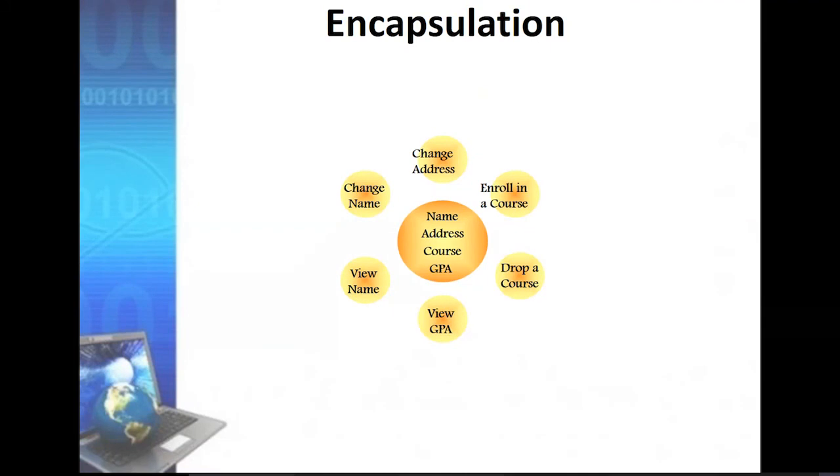So ito, for example, with the use of encapsulation, as you can see here, you have your data. Nakikita niyo yung sa gitna, you have the name, the address, the course, and the GPA. With the use of encapsulation, you can just simply use this data without knowing kung paano sila gumagana.